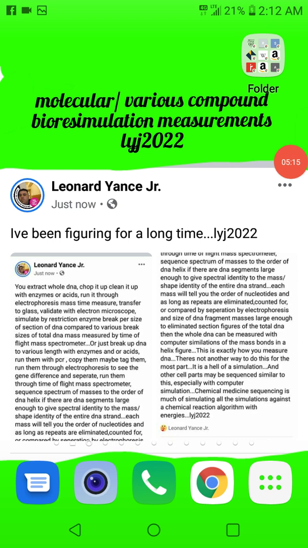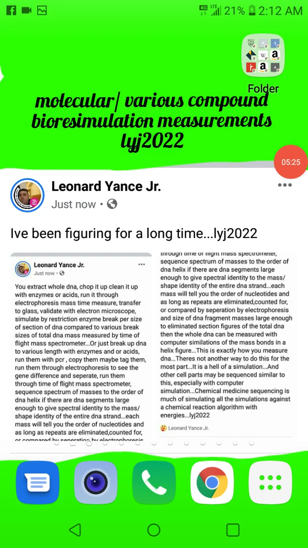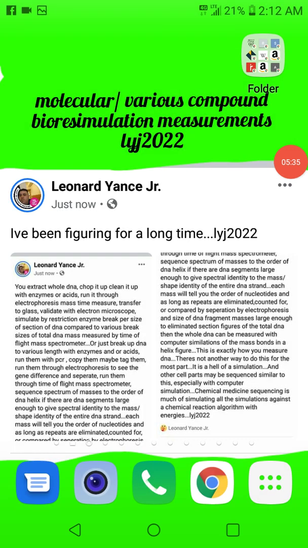But this is basically the most scientific way of doing it based on all surrounding values that we have as a tool in the molecular/compound measurements of a systematic cellular process or multicellular systematic process.